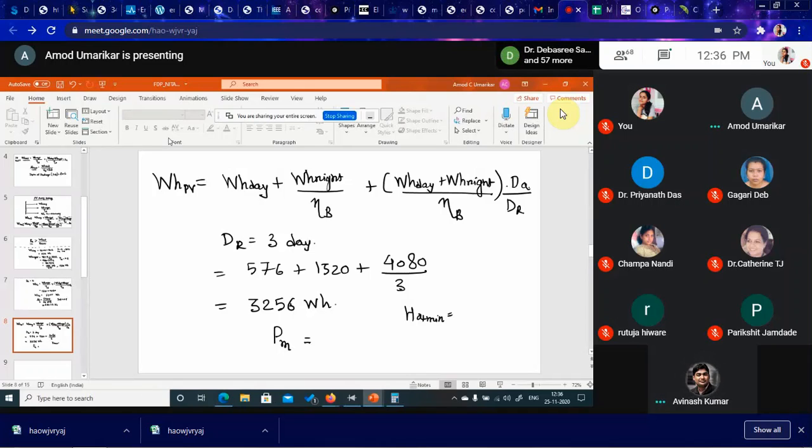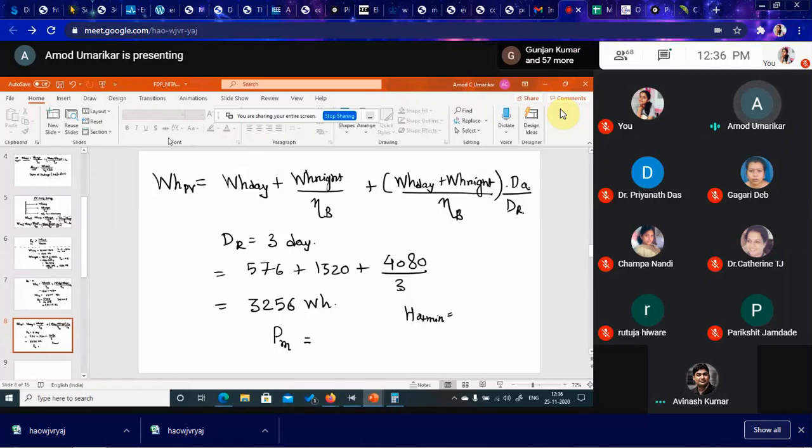For the Indian scenario we consider about 4.5 kilowatt hour for one day generation for a 1 kilowatt power plant. But I'm just seeing what is the actual load calculation, and based on that I am sizing this.